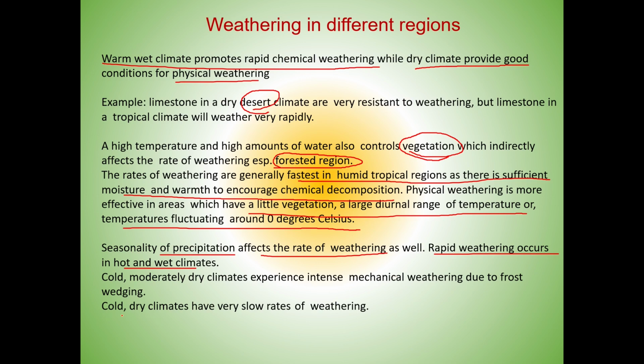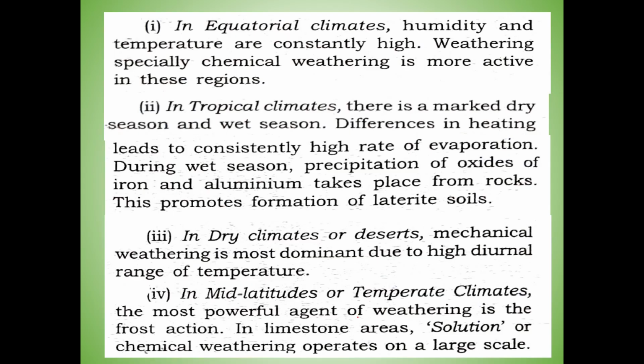Cold, moderate, dry climates experience intense mechanical weathering because it is dry but cold. But as it is cold, whatever water or moisture is in the air will freeze within the crevices and form frost wedging. Cold dry climates have very slow rates of weathering.